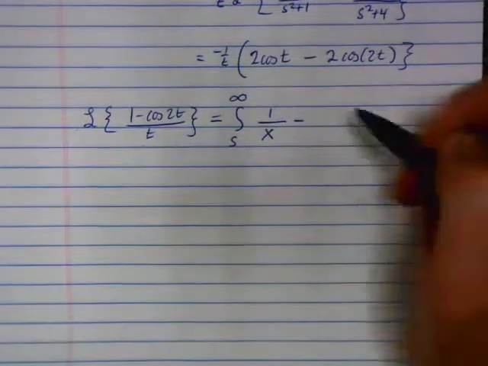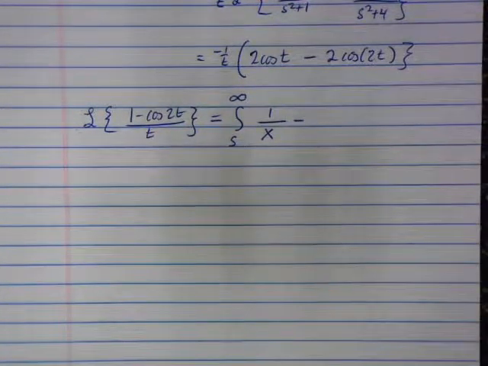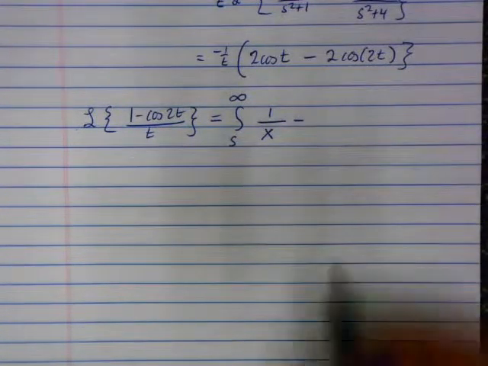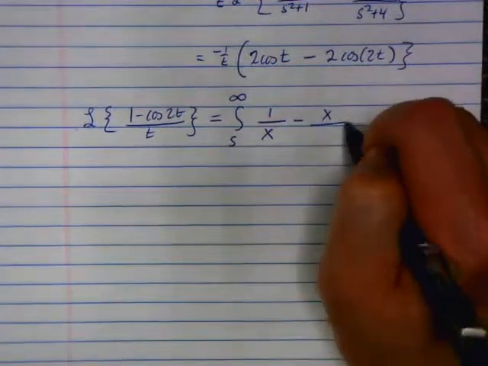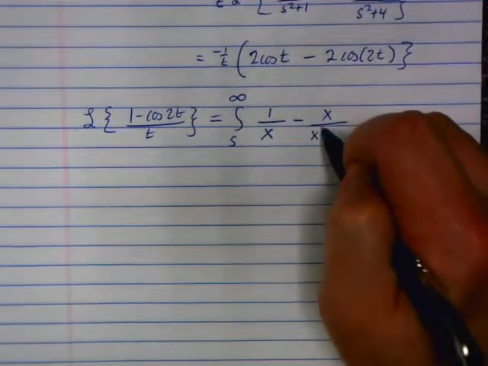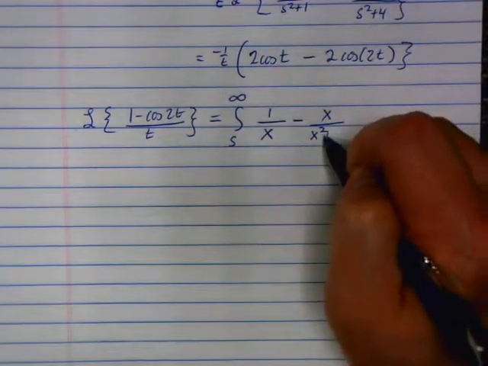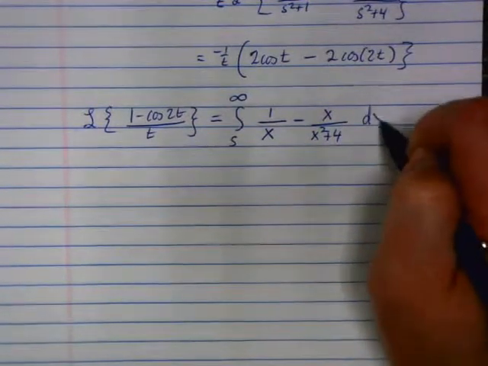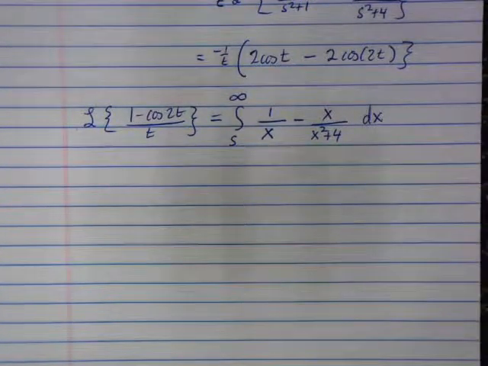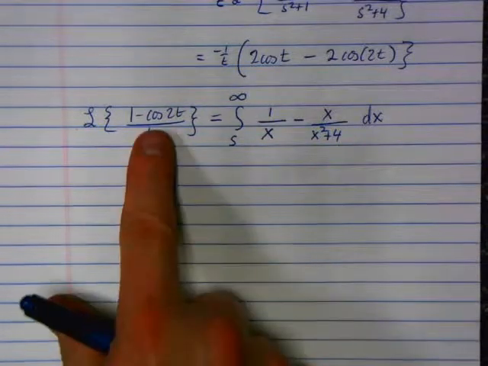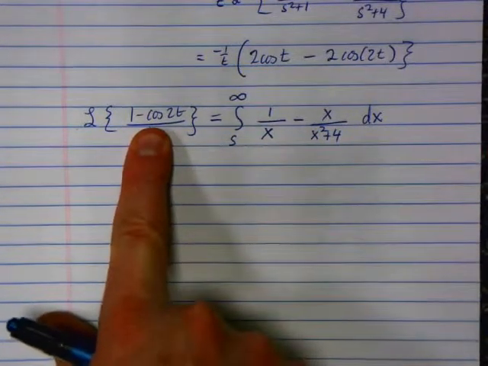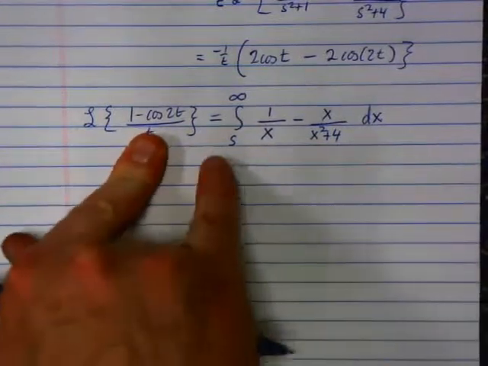Minus, what's the Laplace transform of cosine 2t? x over x squared plus 4 dx. All right, so you get rid of the t, you find the regular Laplace transforms, and then you have to integrate.